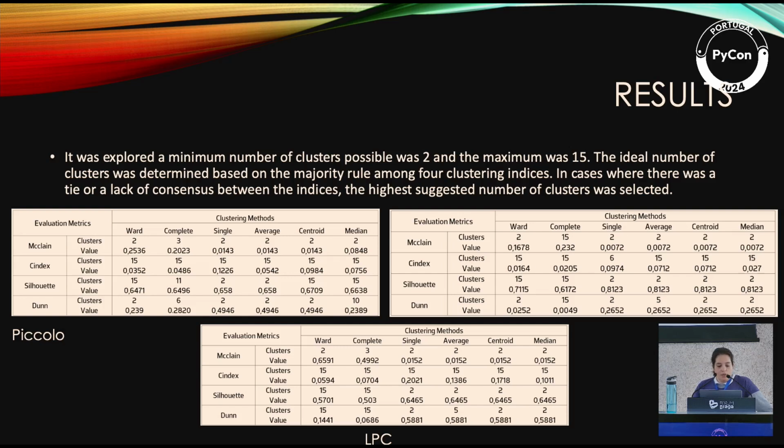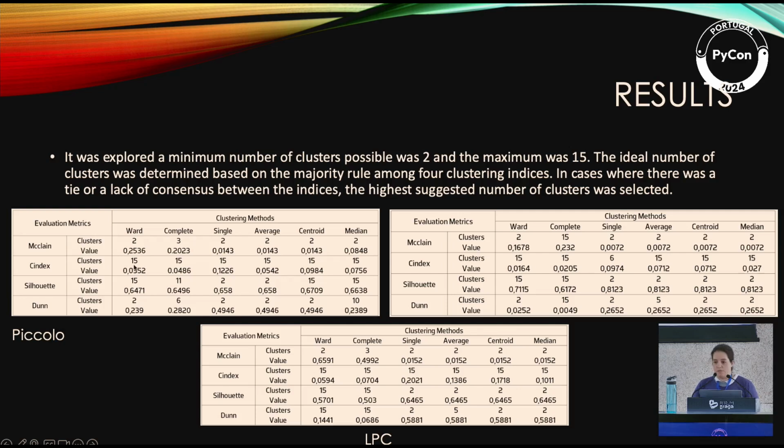distances, we use all the clustering techniques that were available: the Ward, the complete, the single, the average, the centroid, and median, and all the available indices to evaluate the solution. What you are seeing here is the best solution for this index and this method. So the Ward method, according to the McClain perspective, would be 2.